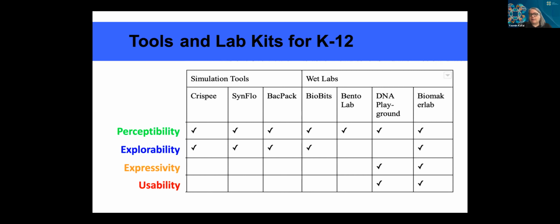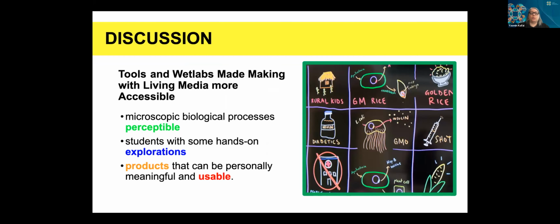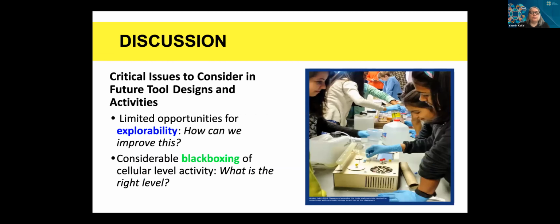So I think we still have a long way to go in terms of what are the accessible and affordable tools for K-12. One of the challenges, of course, is that they work with microscopic biological processes. So the tools really place an emphasis on making them perceptible, and to some extent give some hands-on explorations, and products can be made which are personally meaningful and usable.